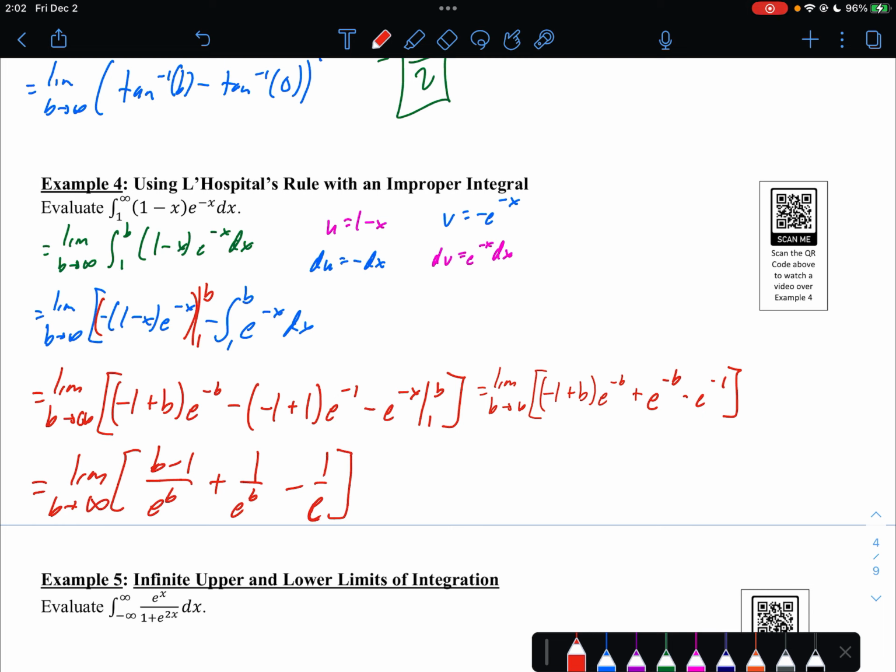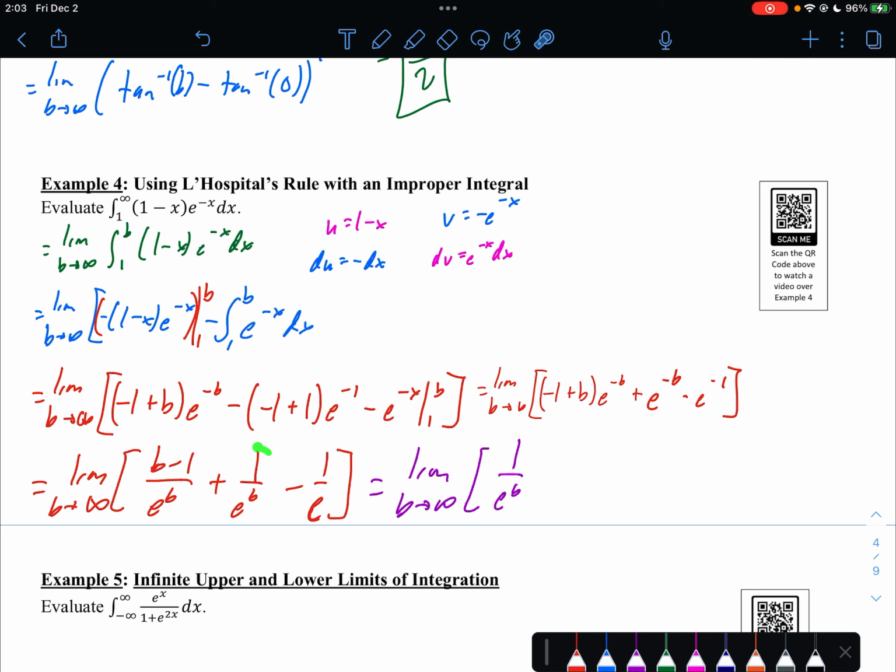Now if I put infinity in, to this one at least, it'd be 1 over infinity, so I know that's going to be 0. To this one, we would get infinity over infinity. So if you remember from, I believe, Unit 3, we can apply L'Hopital's rule to that. So it's going to be limit as b approaches infinity of 1 over e to the b.